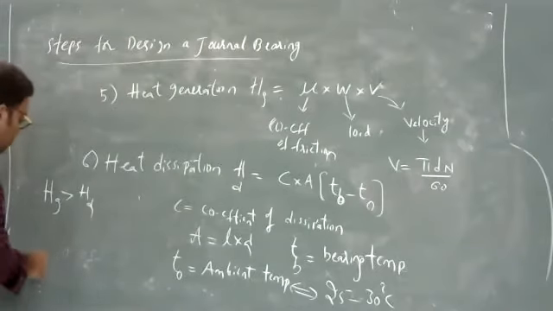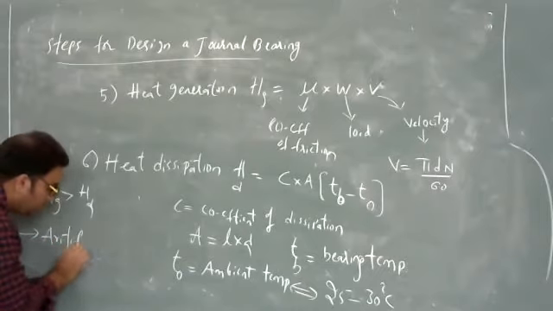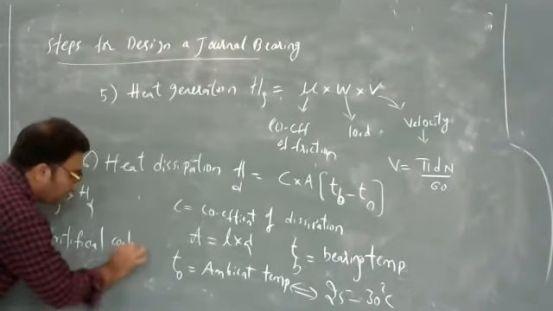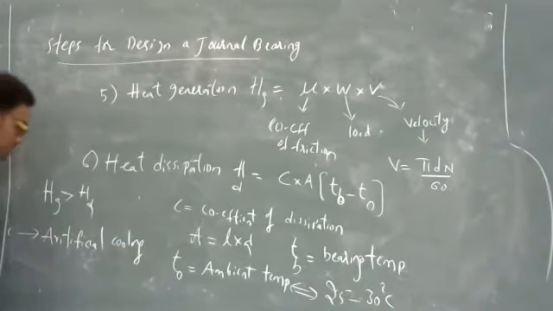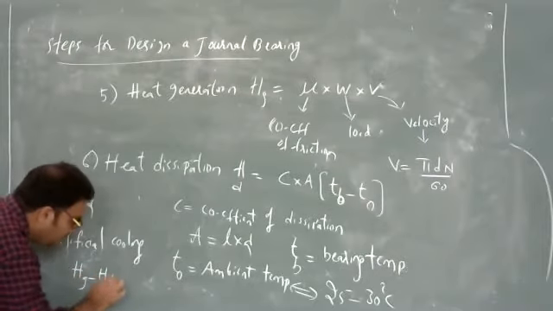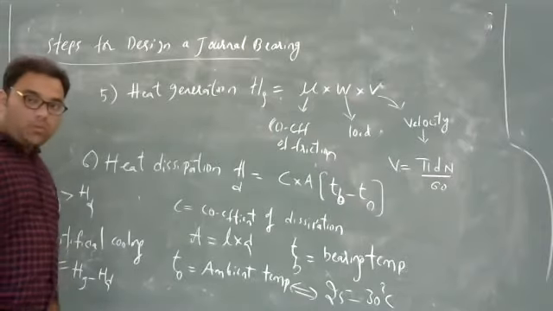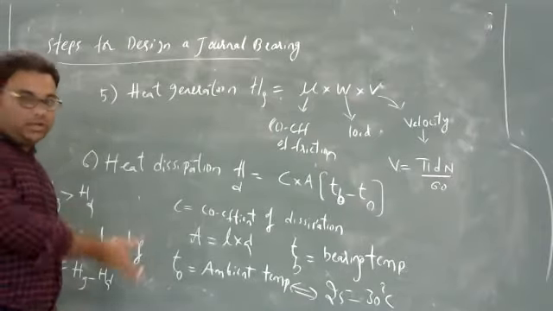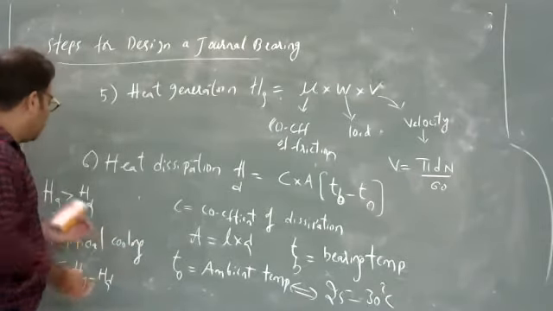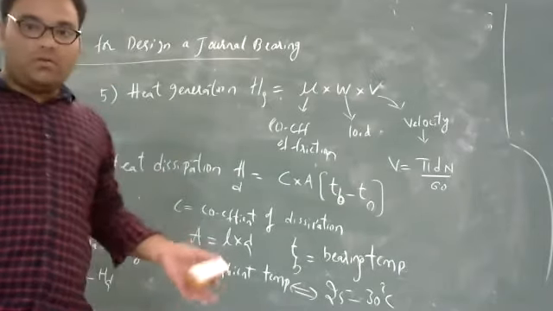The artificial cooling is Hg minus Hd. If you subtract, you will get some watts, and you apply that cooling by using a pump. If Hd is equal to Hg, then there is no need of artificial cooling.